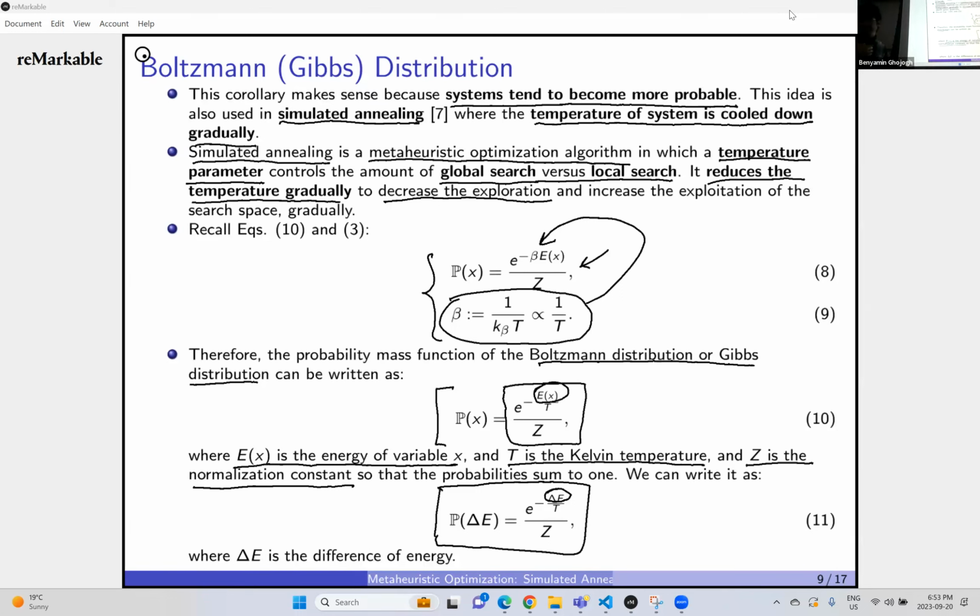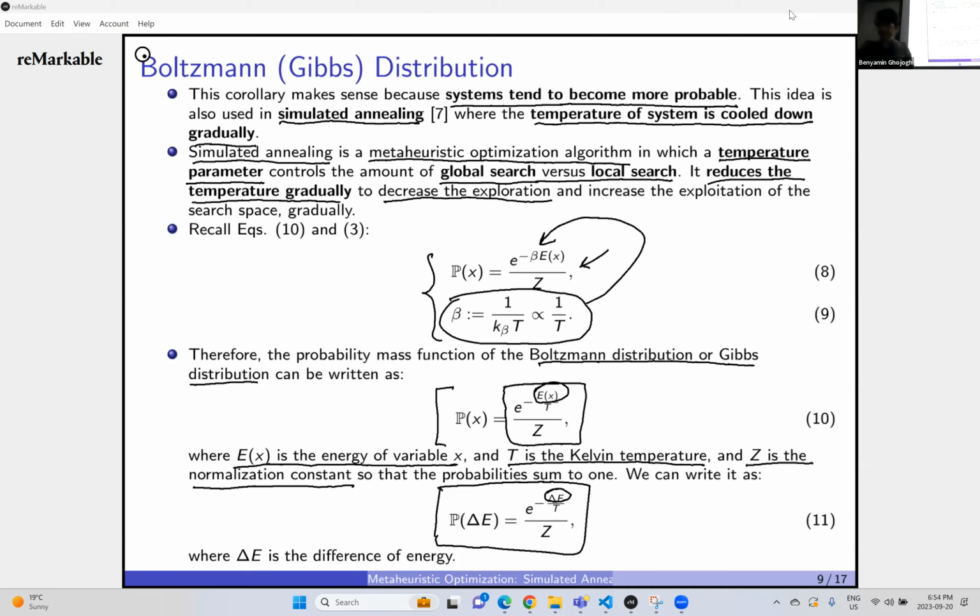So simulated annealing is a meta-heuristic optimization, and it has a temperature parameter which controls the amount of global search versus local search. It reduces the temperature gradually to decrease the exploration. Why? When initially my temperature is high, I can search a lot in different places of the optimization landscape, so it's good for exploration.